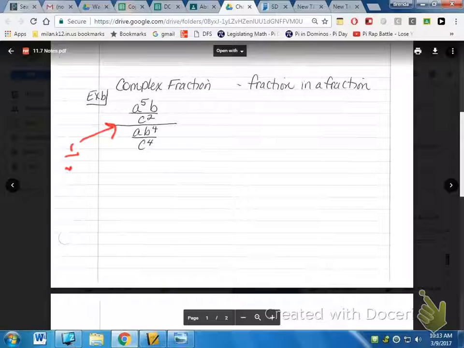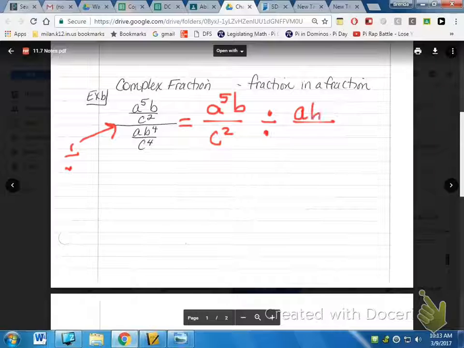This is really saying this problem: a to the 5th b over c squared divided by a b to the 4th over c to the 4th. And just like with fractions, we do not really divide, do we? We change division to multiplication, so let me work on that.